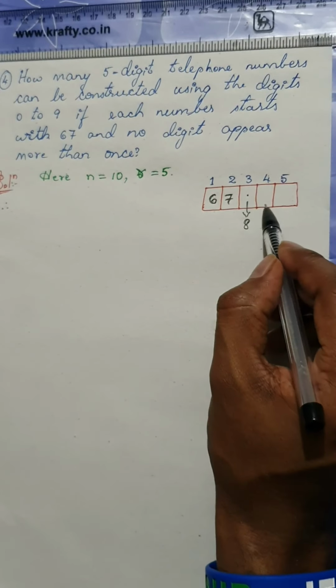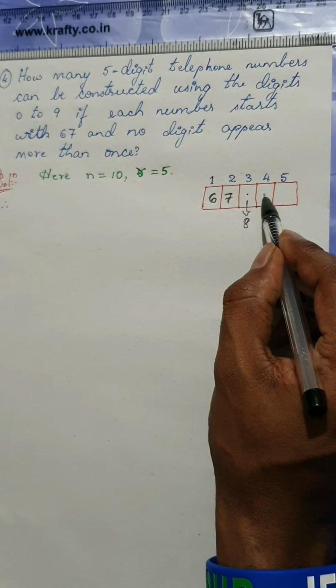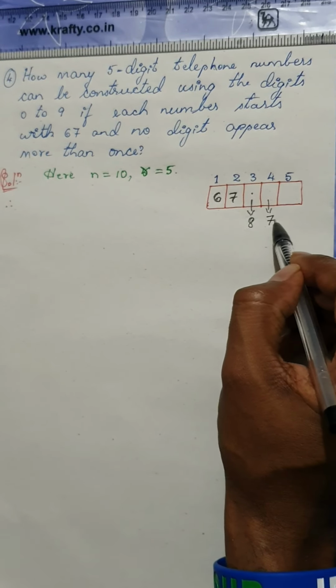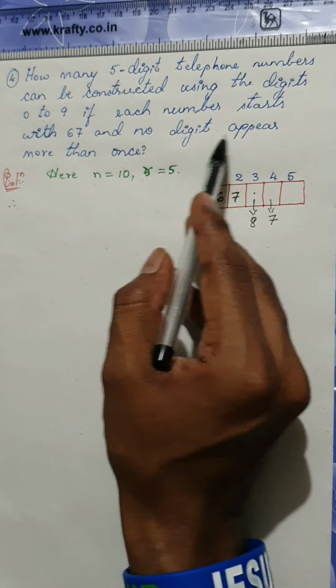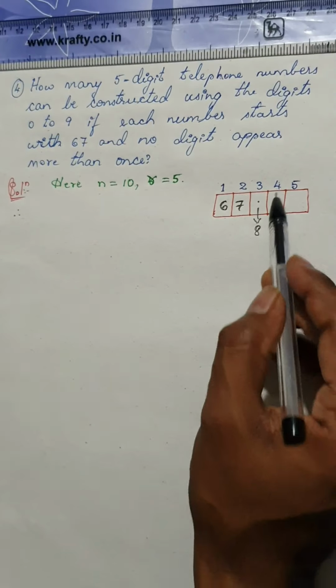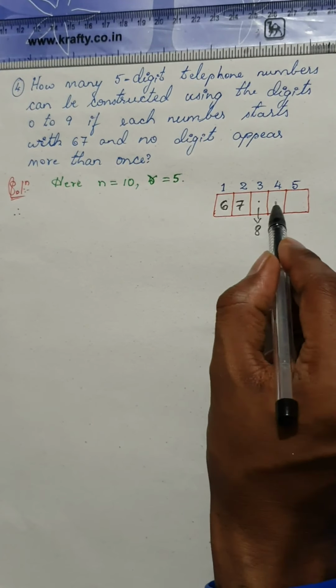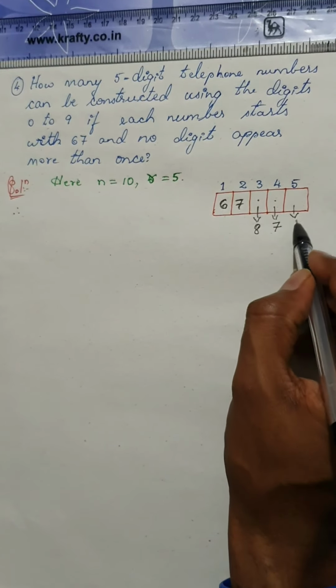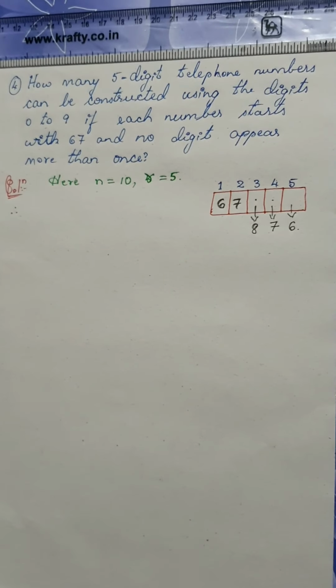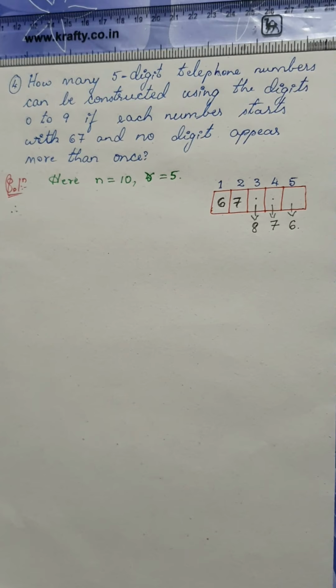Now since 1 is already fixed here, the 4th digit can be taken by any of the 7 numbers, because I told you repetition is not allowed. So the 4th spot can be filled by any of the 7 numbers, and finally the 5th spot can be filled by any of the 6 numbers. So this is the required answer, the required 5-digit telephone numbers.